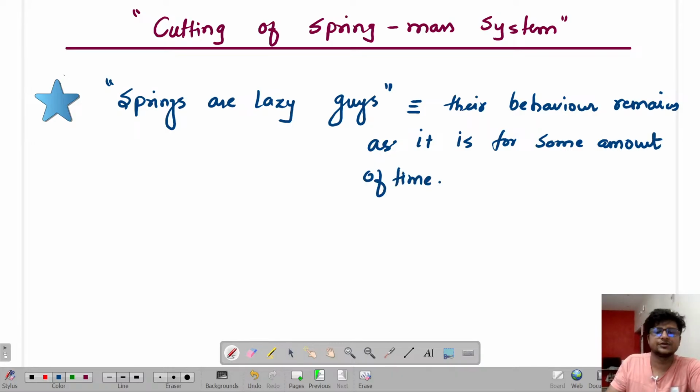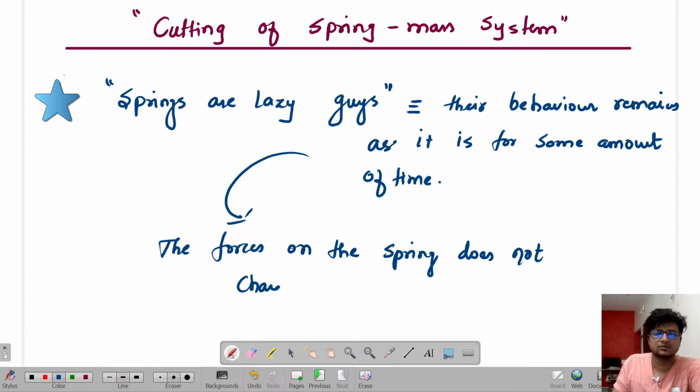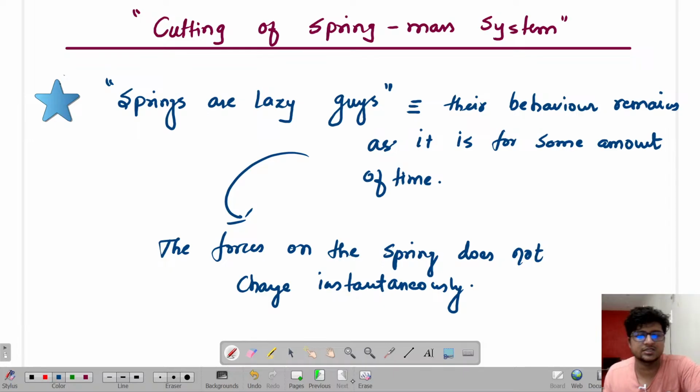In other words, you can say that the forces on the spring do not change instantaneously. Does not change instantaneously. Are you able to get me or not? Say me something, yes or no? Clear or not clear? Okay.